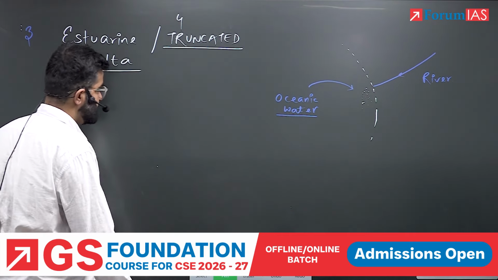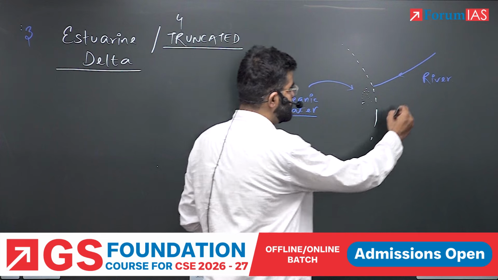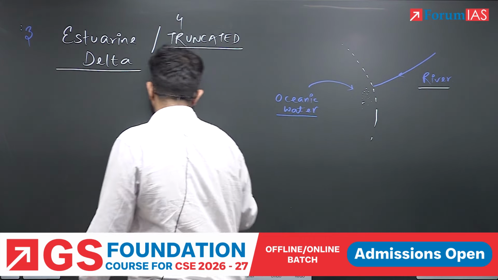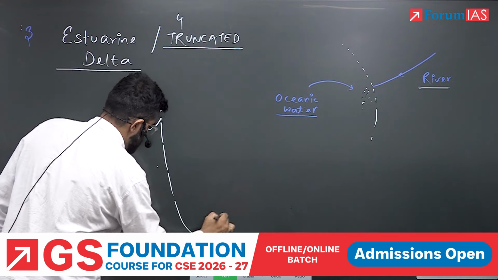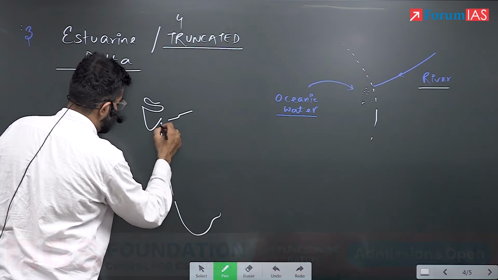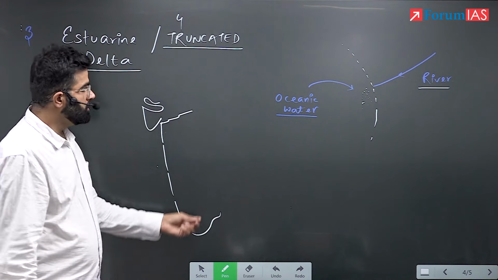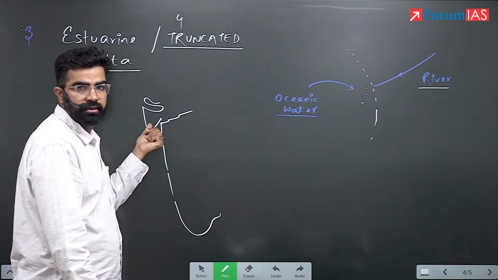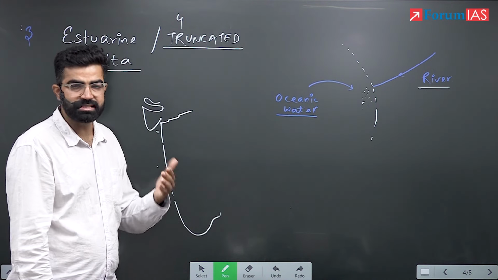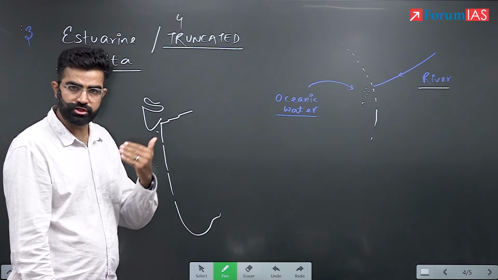Now, in such circumstances, consider this is a river, and I am taking the example, let's say, of the western side of India, and here you must be familiar with the rivers Narmada and Tapi. Okay, they both make estuaries while they are opening inside this area. In this area, they are making estuaries, meaning their mouths are submerged under the oceanic water.